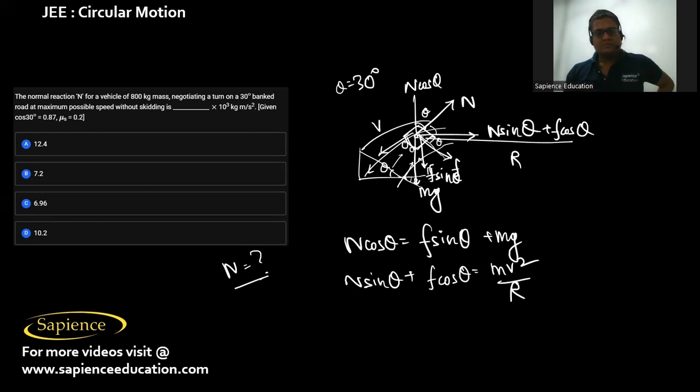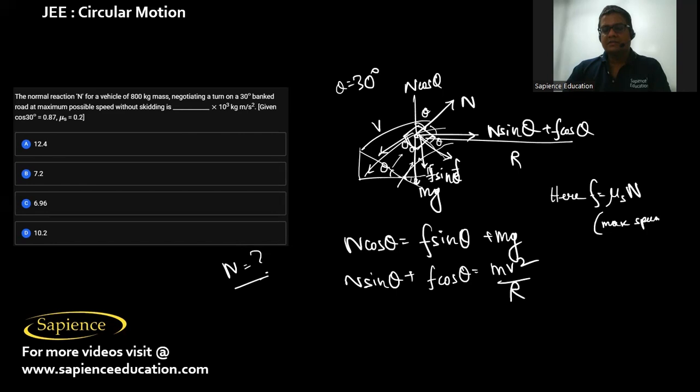Here friction will be equal to mu s into n only, since here maximum speed is there, means it is traveling with the maximum possible speed. So the maximum static friction has to act. Therefore, we can say n cos theta will be equal to mu s n sin theta plus mg.